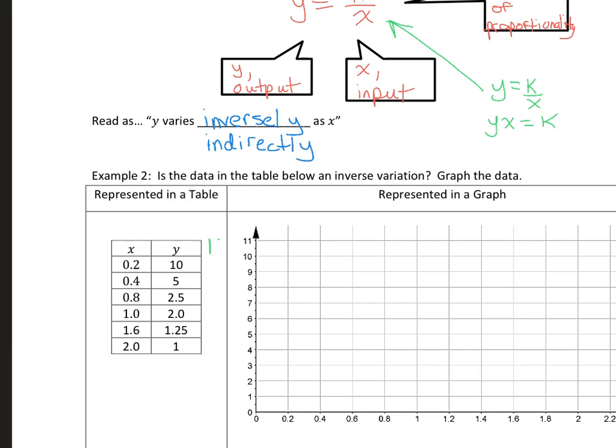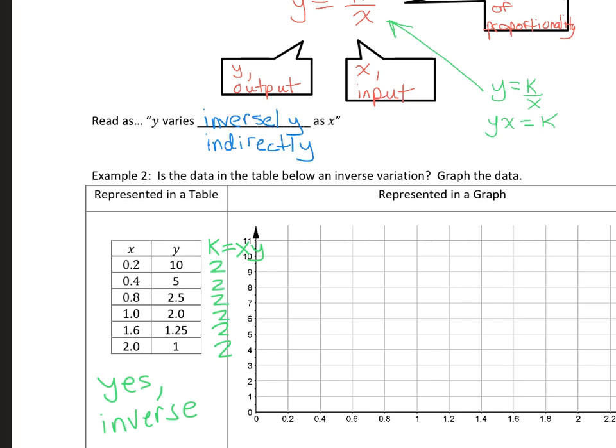So if I have k equals the product of x and y, here I can see that 2/10 times 10 is 2, 4/10 times 5 is 2, 8/10 times 2.5 is 2, etc. And so, yes, this is inverse if I see that constant all the way down.